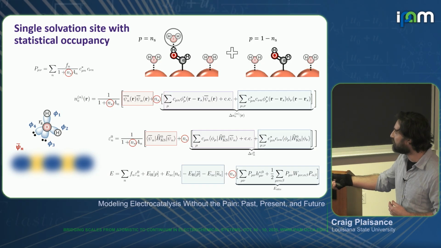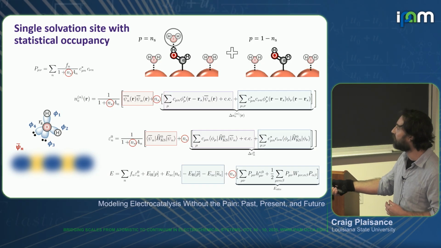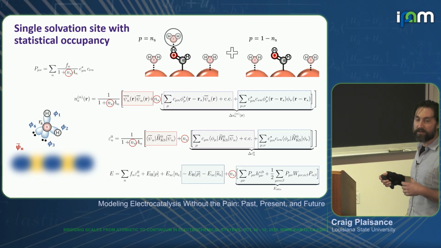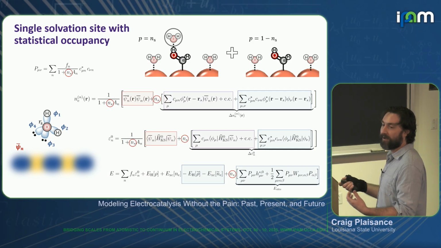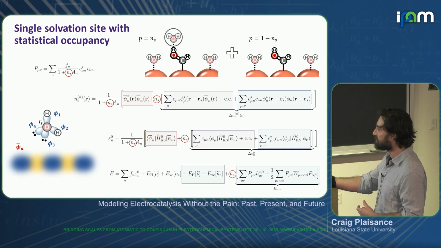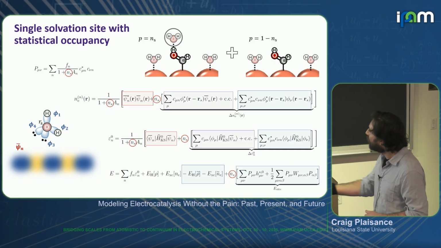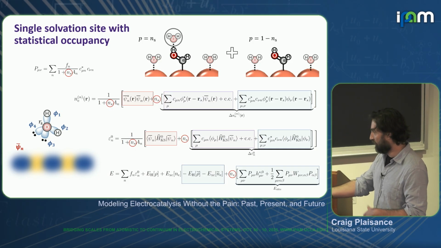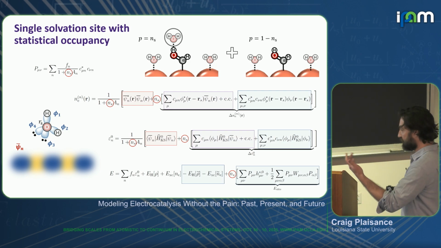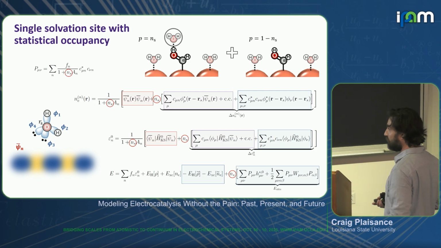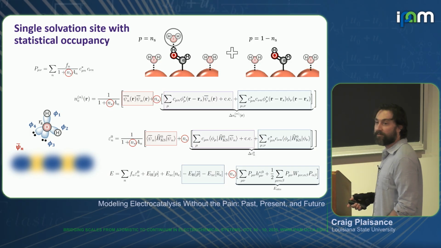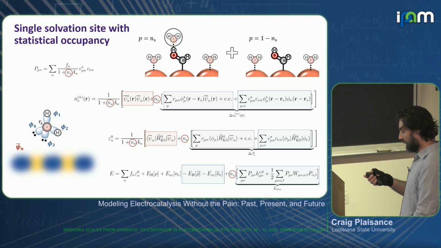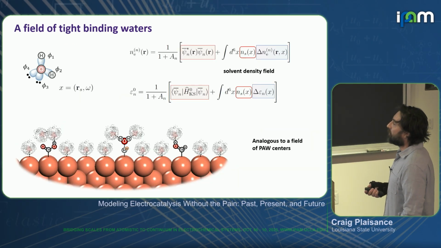We can define delta N and delta epsilon as the change in the density and orbital energy when we have this site occupied with water, and we just scale it by this quantity. The final energy expression also picks up this term, and we're able to account for the fact that that site doesn't always have to be occupied.